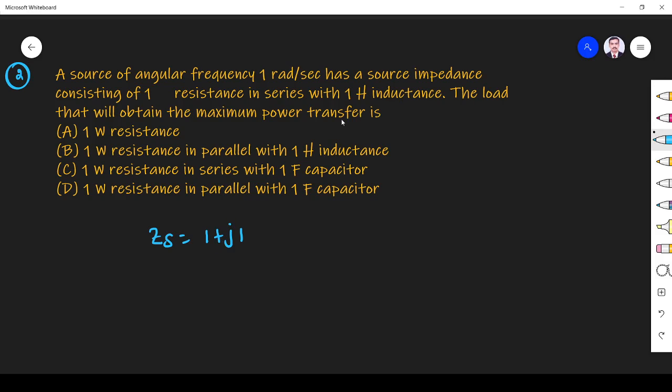The load that will obtain maximum power: whenever we have a complex source impedance, the maximum power is transferred to the load when ZL is equal to ZS conjugate. So what is the value of ZS conjugate? That is 1 minus j, which is nothing but resistance in series with capacitance, because the minus sign indicates it is capacitance.